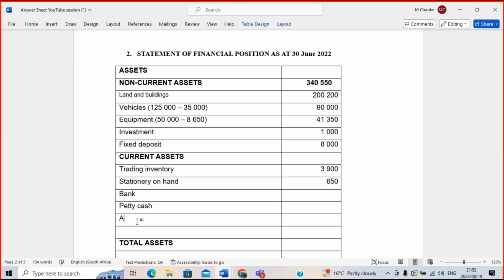We also have accrued income. We also have prepaid insurance, which is prepaid expense. These are accounts that come here. Prepaid expense, I'm just going to say in brackets, insurance.